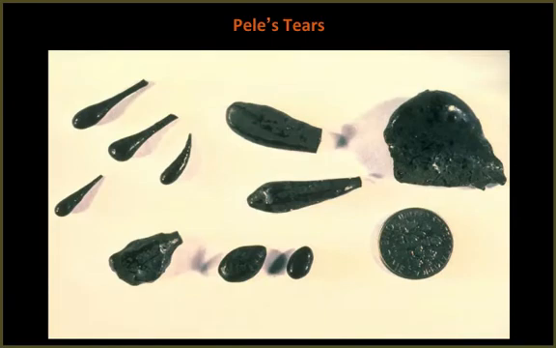These are Pele's tears, which have a similar sort of texture to the volcanic bombs that I just showed you. These are quite a bit smaller. There's a dime for scale. But these are often associated with Pele's hair that I'll show you in a moment. These are small little droplets of molten volcanic material that's erupted, and because they're small, they quench very quickly, and they solidify into these little glassy droplets.